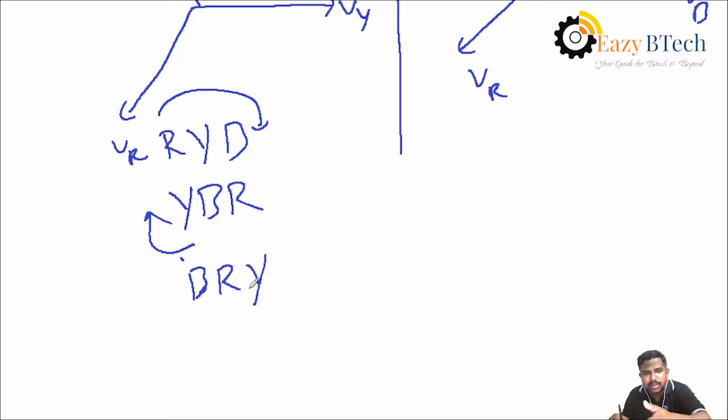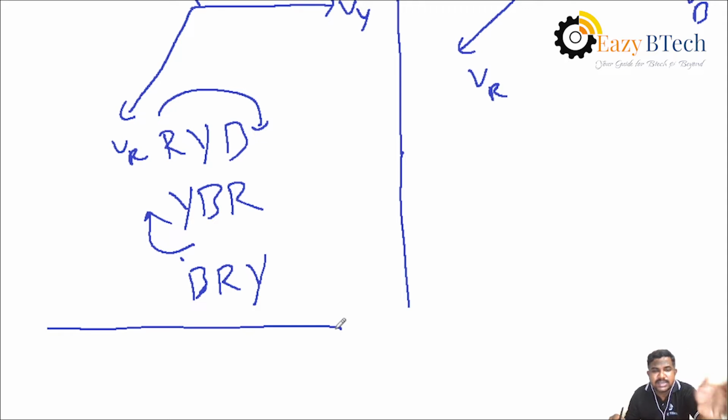That is R, Y, B. R first, Y will be applied. What is the next phase? B. What is the next phase? R. If B is started, what is the next phase? R. Next phase Y. Okay, these are called the positive sequences. Okay, the order is the same. There is no disturbance in the order. RYB, YBR, BRY. Okay, if any two phases are reversed here, then that is called the negative sequence.